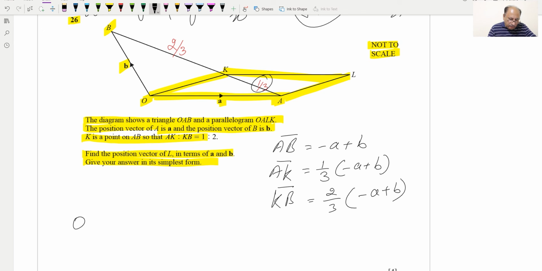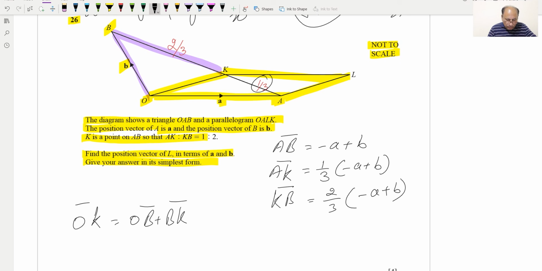So OK vector is the position vector of K, which we can take via the route OB plus BK. So OK is equal to OB plus BK vectors.